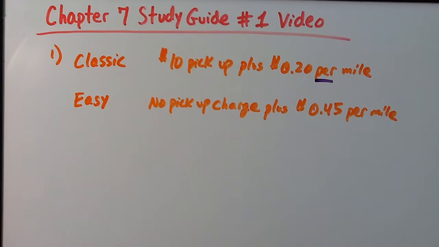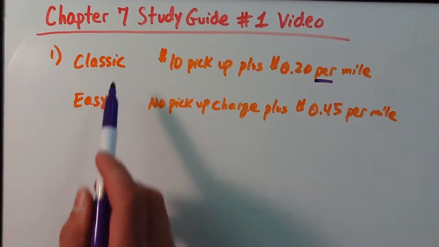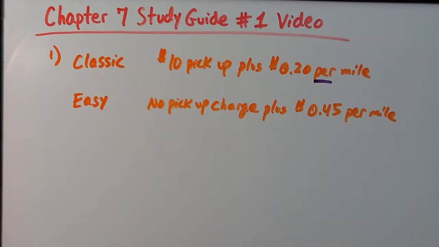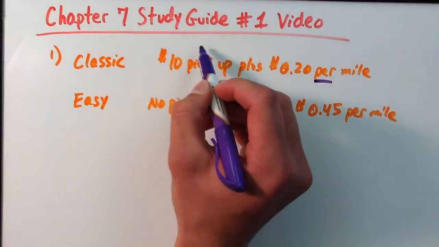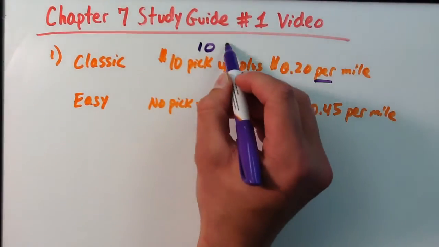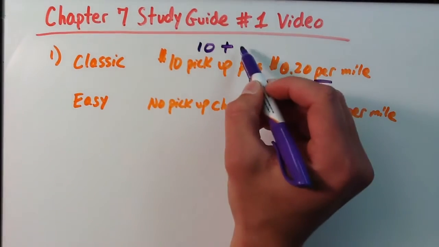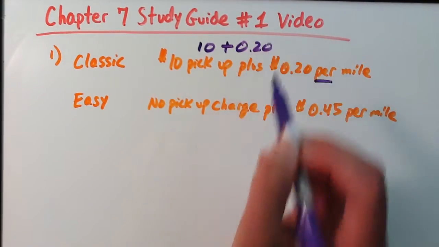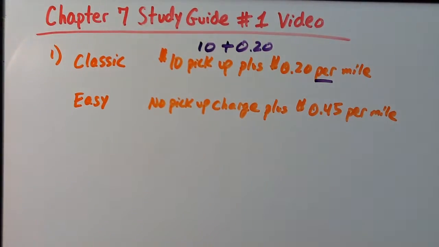If you see the word per, P-E-R, that's going to signal multiplication. And so if we write an expression to represent how much we'll pay for the classic shuttle, we would pay $10 just to have them pick us up.